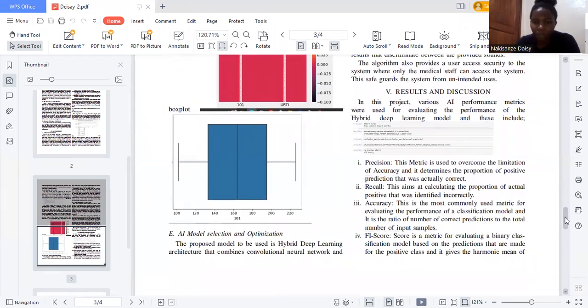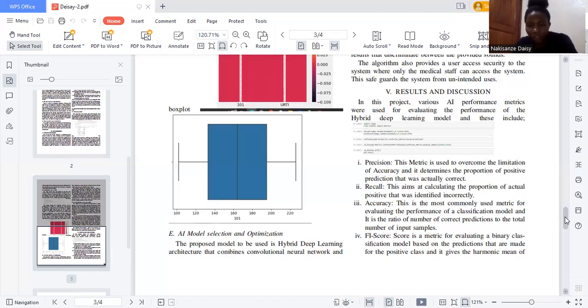Results and discussion. Here I explained various AI performance metrics, which were used for evaluating the performance of the model. Firstly, we have precision, which is used to overcome the limitation of accuracy, and it determines the proportion of positive predictions that were actually correct.